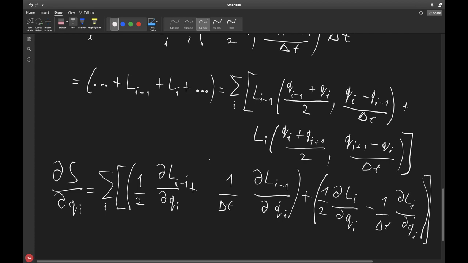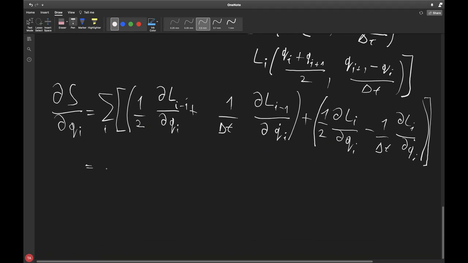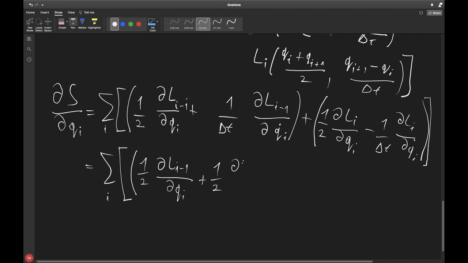So we see terms which are very similar, and so we could rearrange this a bit and say that, well, this is still a summation over i, and I have this bigger bracket, but then I have a 1/2 derivative of L_{i-1}, not divided by, derived by q_i, which is this term. And then I have this term here, that's 1/2 derivative of L_i by q_i.